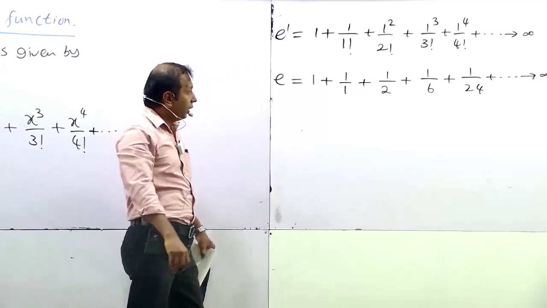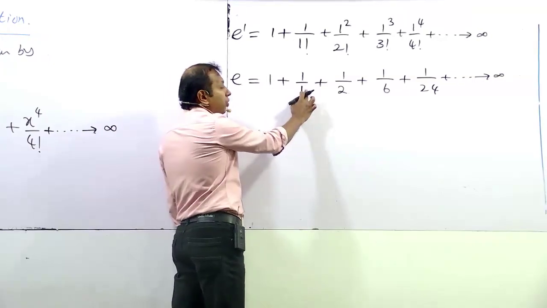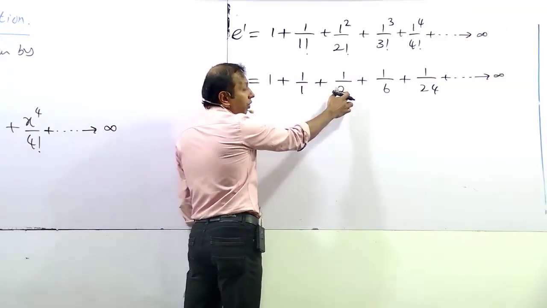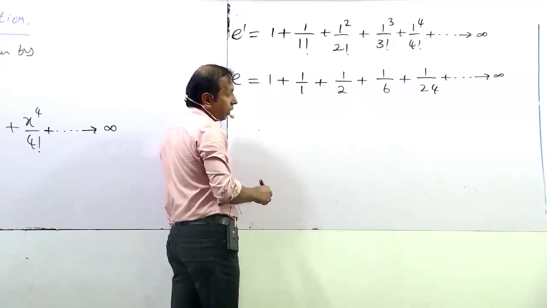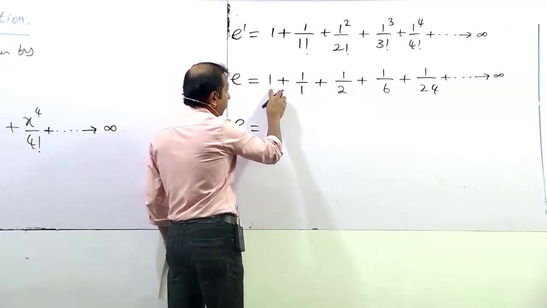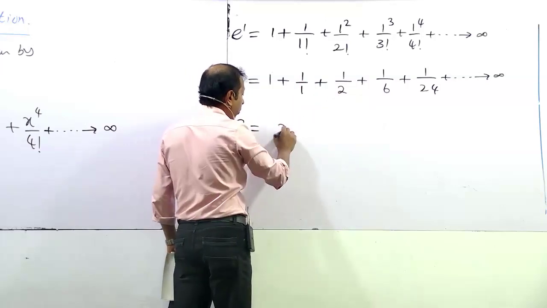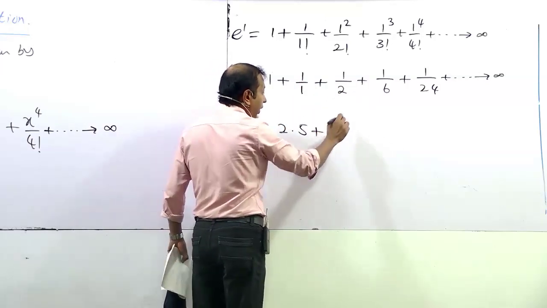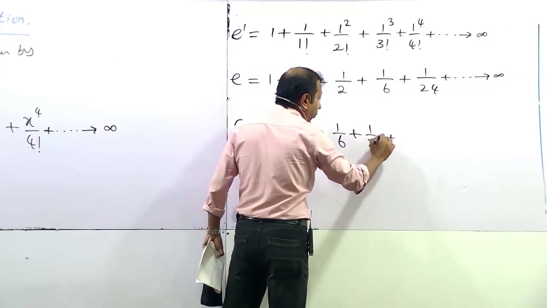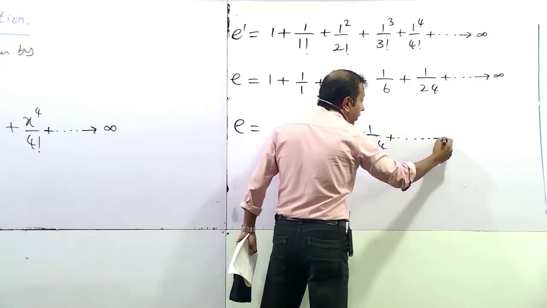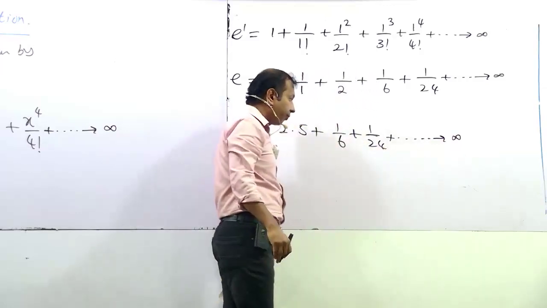You can see here, this is 1, 1. This is half. Then from the beginning up to here, the value is 2.5. After that, we have 1 over 6, 1 over 24, and so on. Infinitely many terms are available up to infinity.